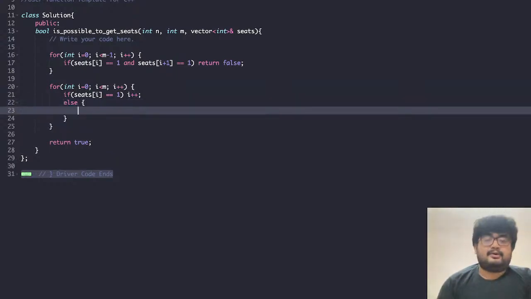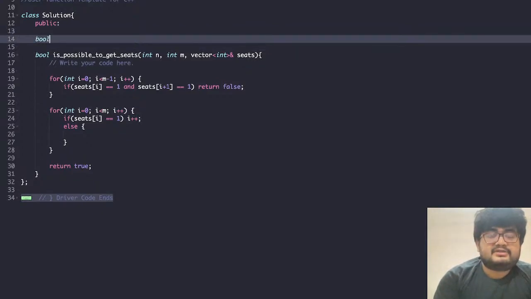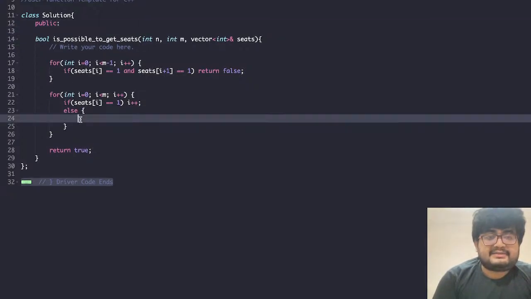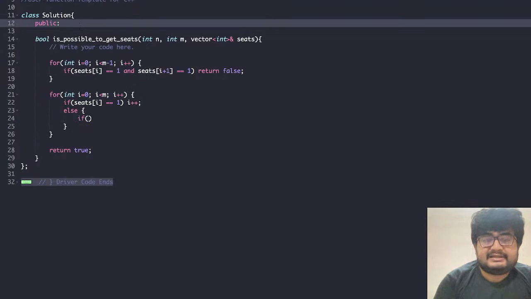Else, if it is 0, there are two cases possible. First is if it is a valid seat. What we can do here is check if a seat is valid. It might be a lot of conditions, so let's separate it out.